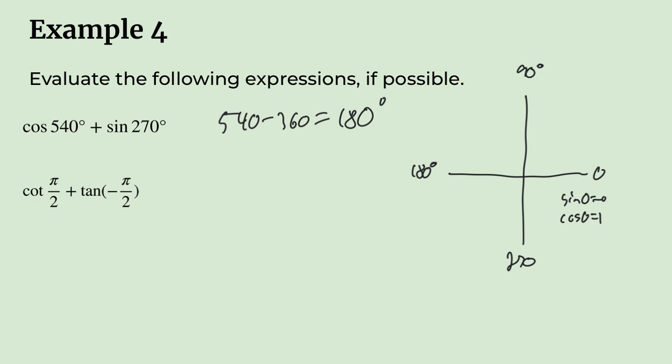For 90 degrees, sine is 1. Cosine is 0. 180, sine of 180 is equal to 0, cosine of 180 is equal to negative 1. All right, I've got that backwards, sorry.